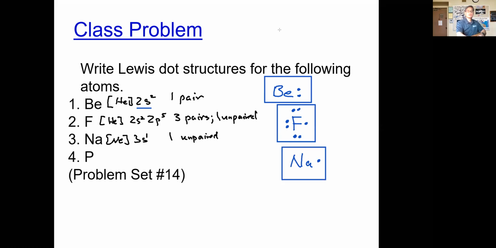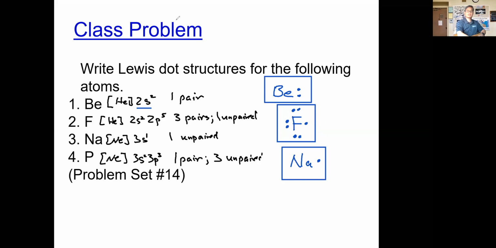Okay. All right, let's go ahead and take a look at phosphorus, and let's look at the electron configuration for phosphorus. It's going to be neon, 3s2, 3p3, and we did this analysis earlier on. These 2 electrons here are going to be paired, so it has 1 pair. And these 3 here are going to be unpaired, so you have 3 unpaired electrons.